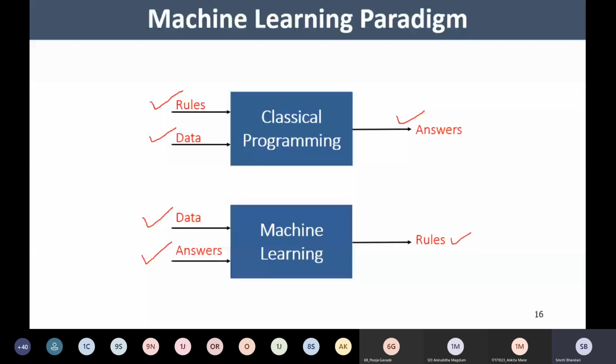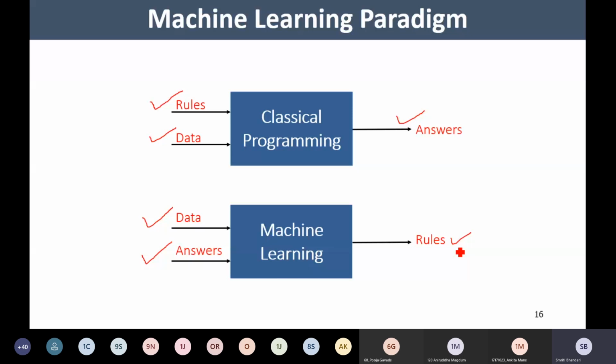Those rules are appropriate for a kind of mapping, like if this is the data, this should be the answer. I'll repeat once again. In the machine learning approach, the input is my data and I'm also providing the answers as input to my machine learning system.